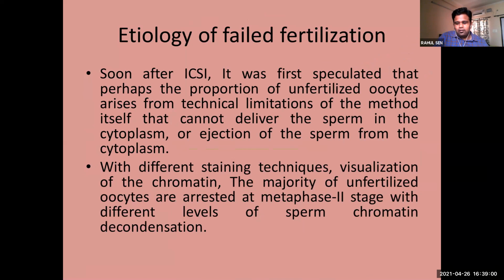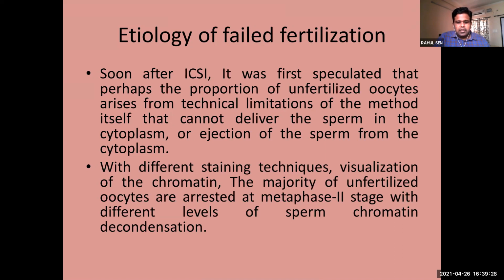Everyone was stating that the technique you performed is not good. It was all blaming the technical limitations, that the embryologist might have done something wrong in the lab, or might not have done the technique properly. Everything was going onto the embryologist or the technical part.